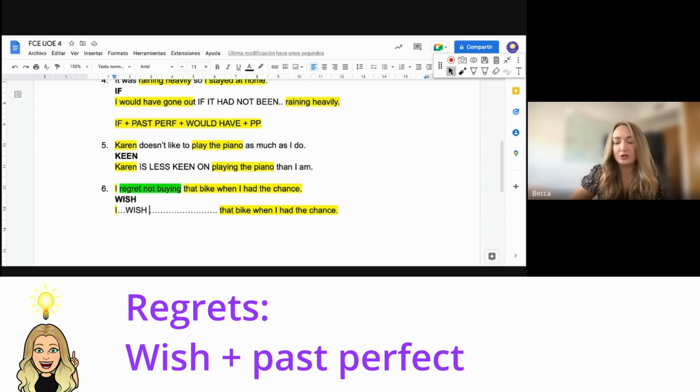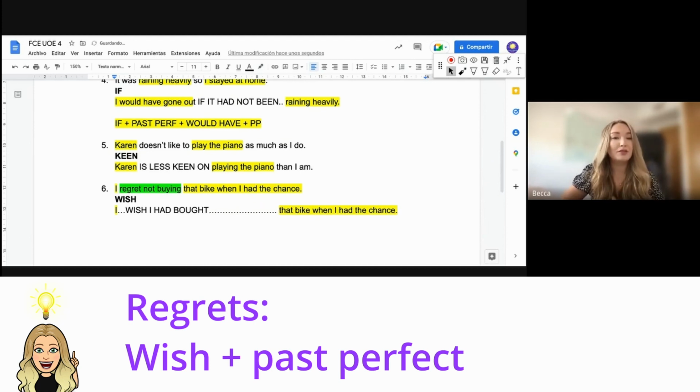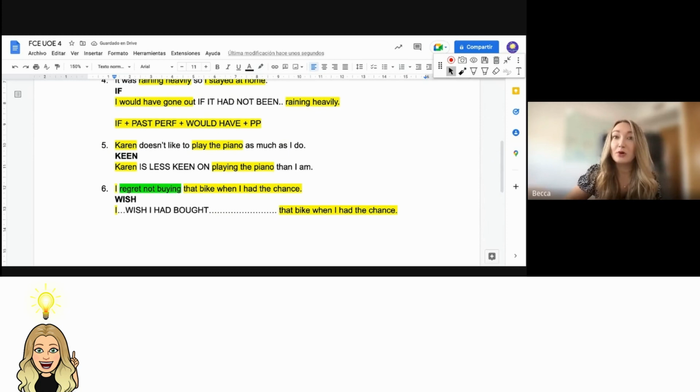So I wish, subject again is I, had, and then the past participle of the verb buy is bought. Yeah, I wish I had bought that bike. We need it in the positive here, because if you regret not buying it, you wish you had bought that bike when I had the chance.